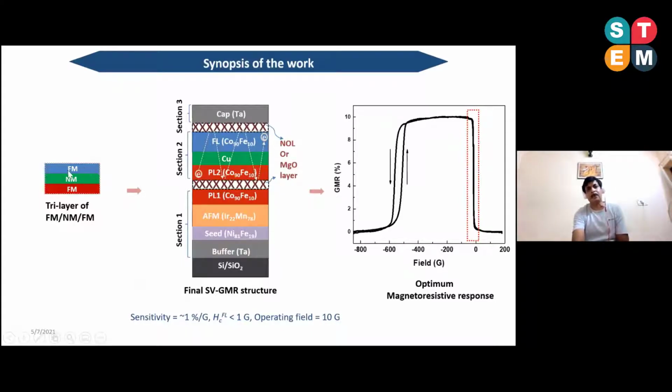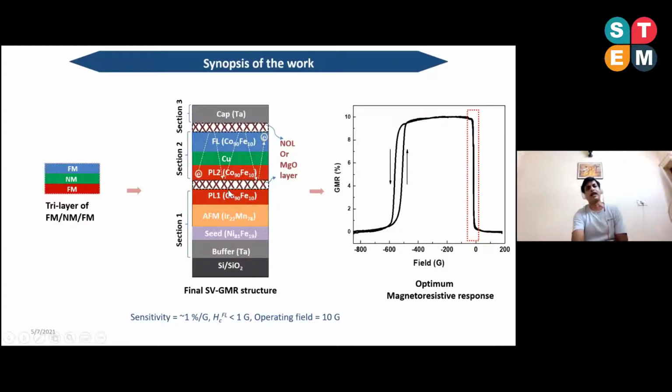But if we look inside the GMR structure, we have the substrate, then the base layer, which is the buffer layer, then the seed layer. On top of the seed layer we put the antiferromagnetic layer, and then the FM layer, which is called the pinned layer, pinned layer 1.